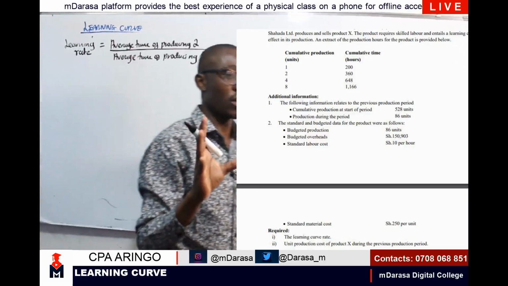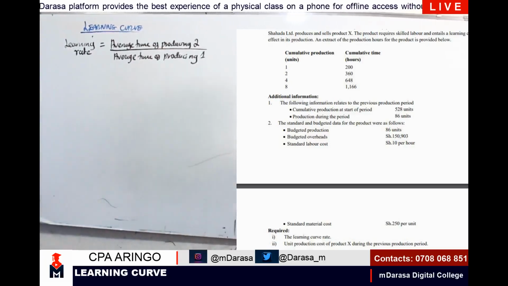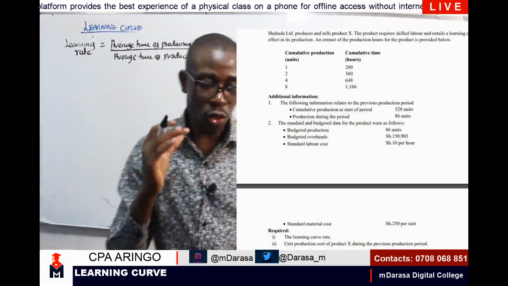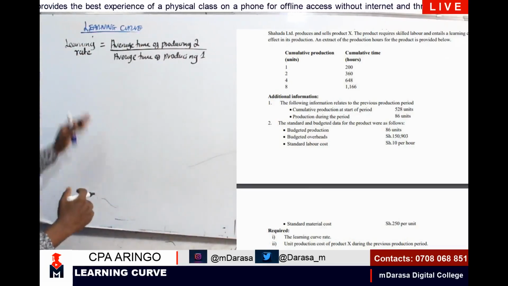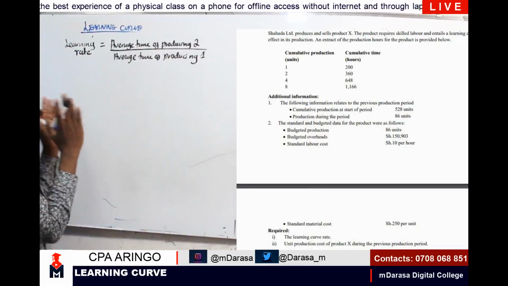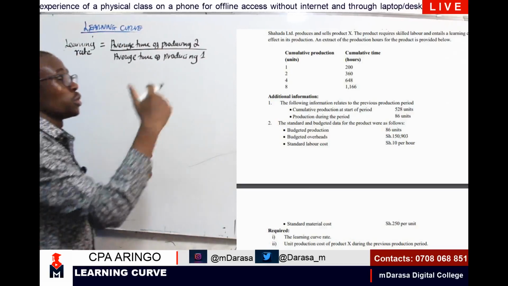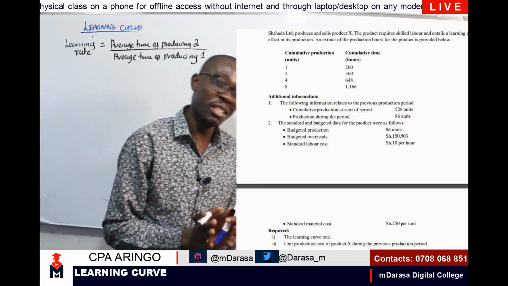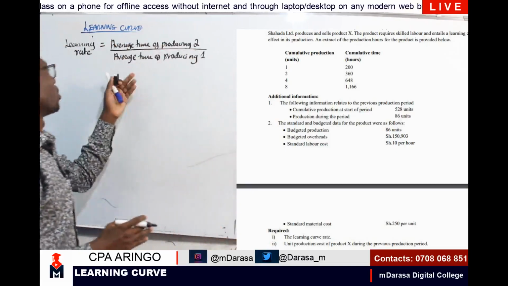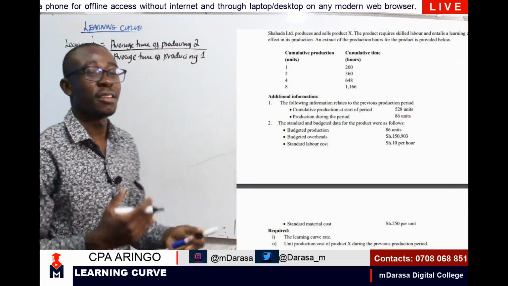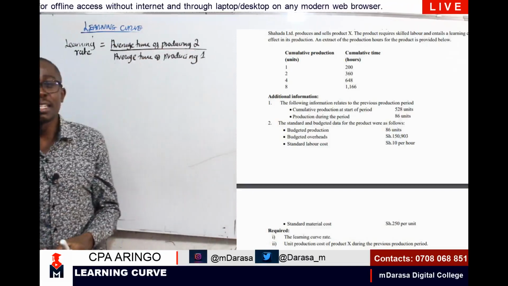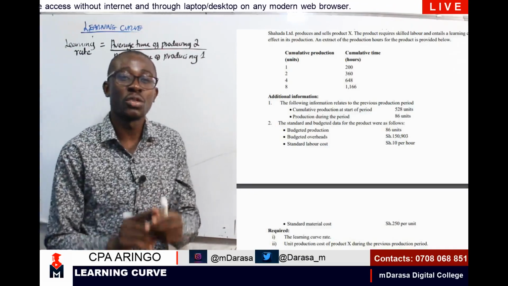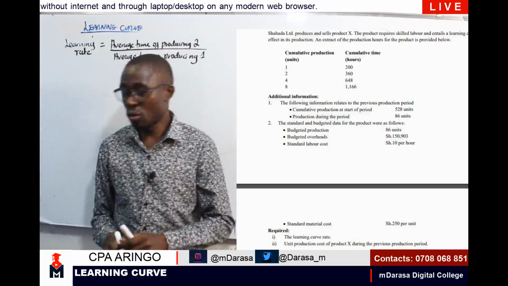So you must have the concept of the average time. If you're not given the learning rate and you're supposed to determine it, just know that you take your average time of producing, say, the second batch or the second units, whatever will be given, and divide by your average time of producing the first unit. That's the best and easiest way to determine your learning rate if not given.